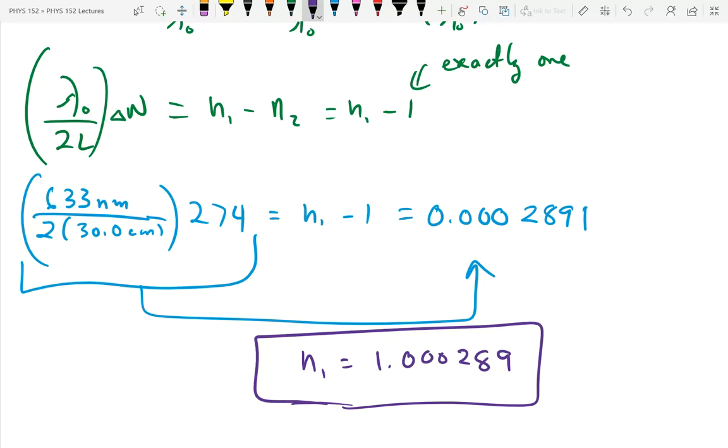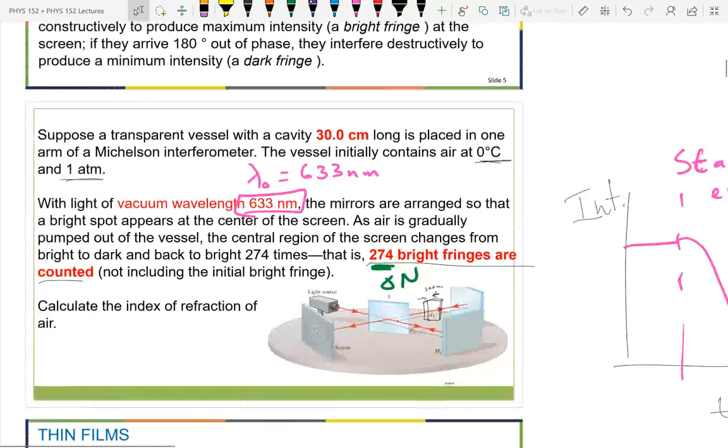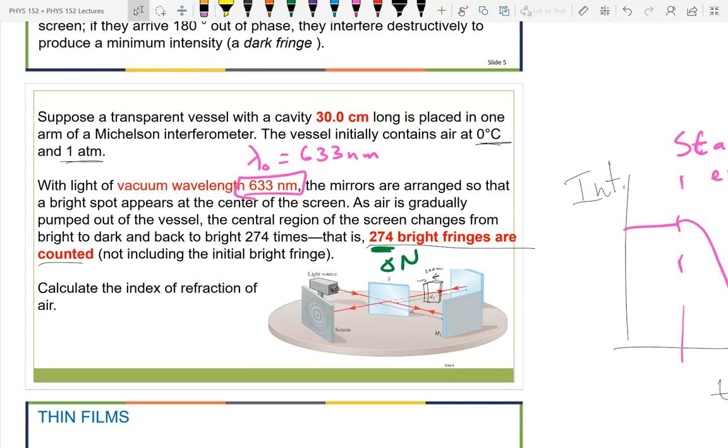So using my significant digit rules, my answer is going to be good to the 6th decimal point when I add the 1. So this gives us a very accurate measurement of the index refraction of air at 20 degrees Celsius and atmospheric pressure, which is really cool, right? It's not an ultimately difficult experiment to do. You just have something there to measure the changes between constructive and destructive interference, and then you count them up. So that's a very practical application that shows the wave nature of light.